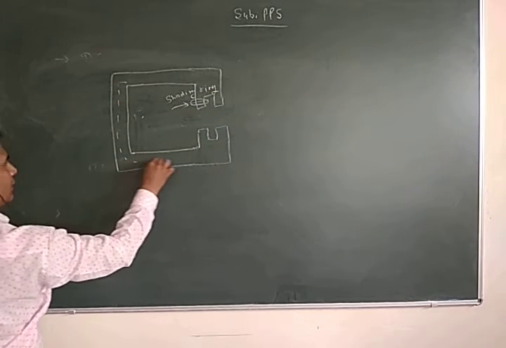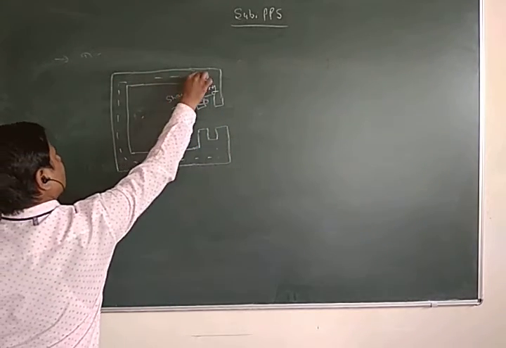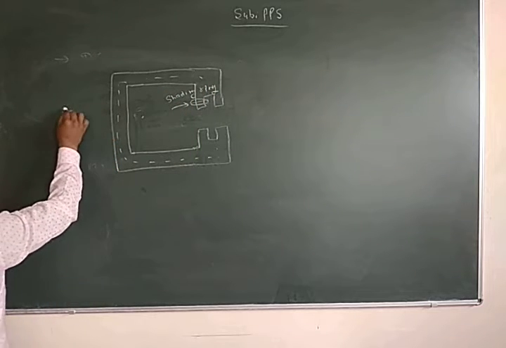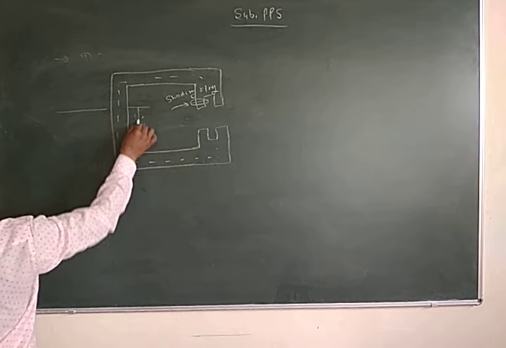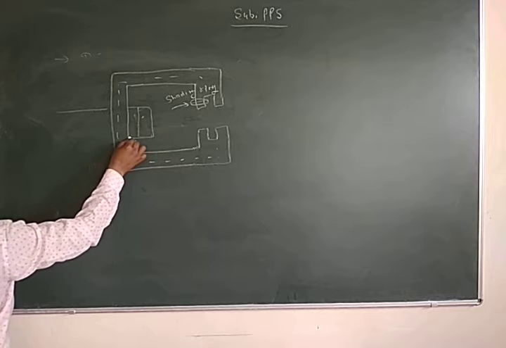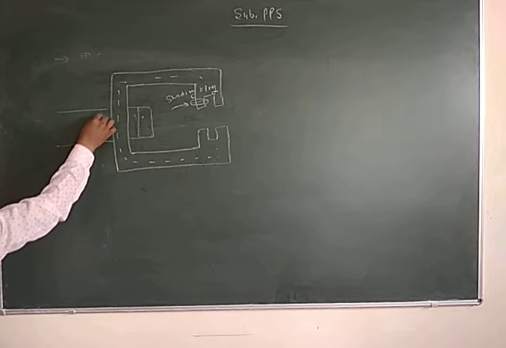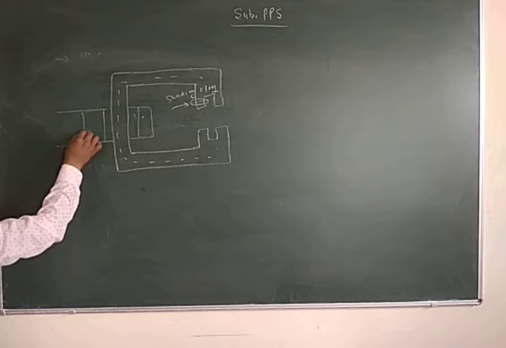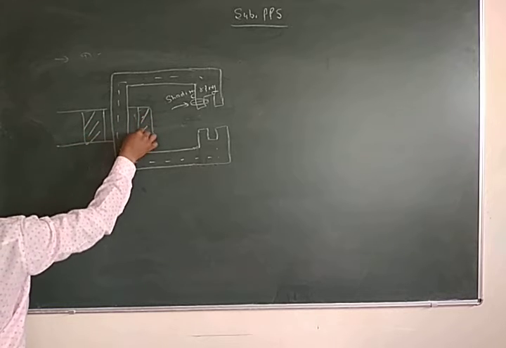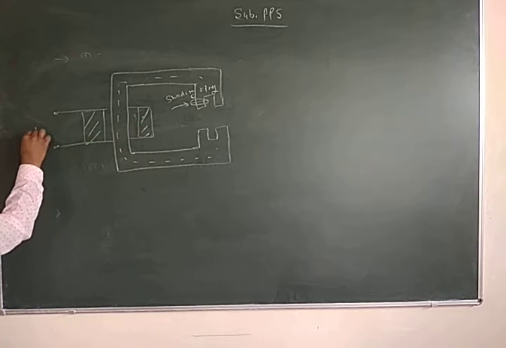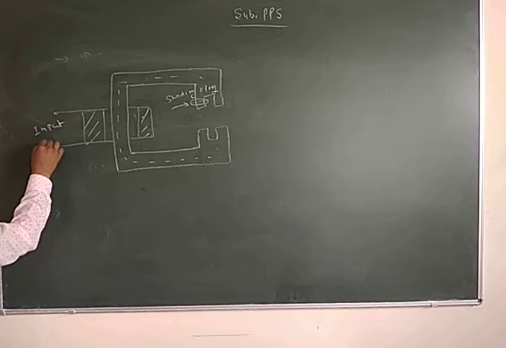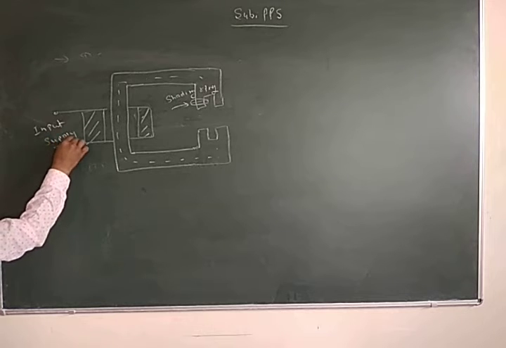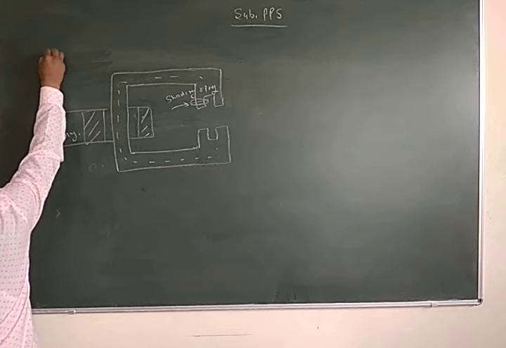Here we insert a winding which is connected to the input supply. This is shaded pole structure.